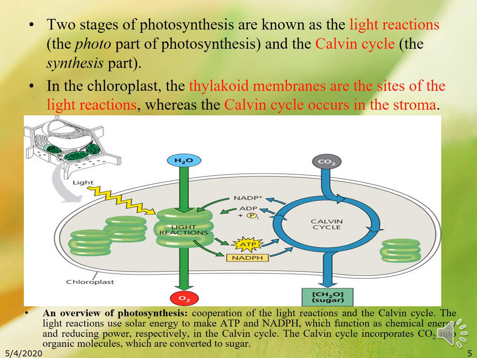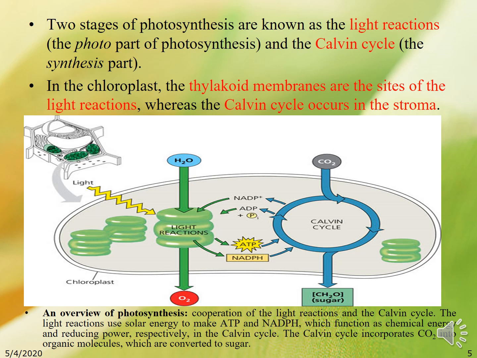Okay, the light reaction requires the presence of light, using water, and it produces oxygen. Okay, regarding the process, ATP and NADPH will be produced. Then the Calvin cycle uses the ATP and NADPH because they are the source of energy.